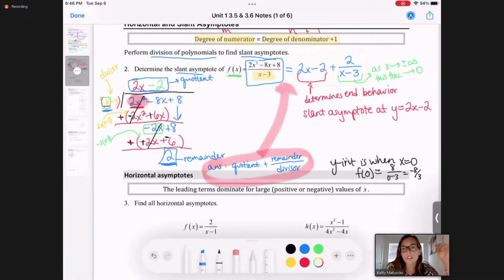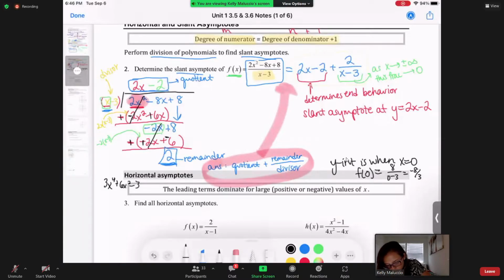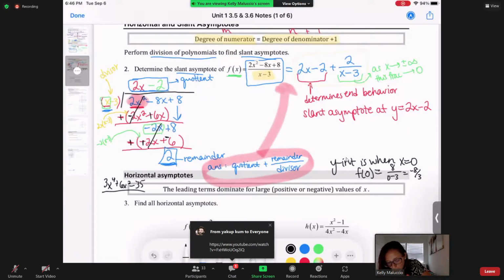It only works when you have a linear function in the denominator. So I don't think we'll ever see anything else. But let's say you had something totally crazy, like 3x to the 4th plus 6x squared minus 2 or 35, something weird. And then you had x to the 3rd minus x squared plus x plus 1.